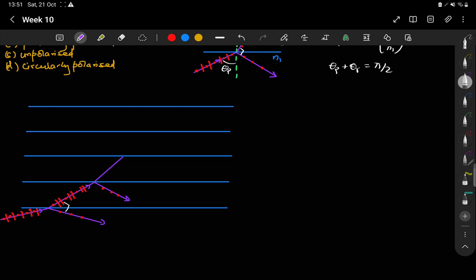And again, the refracted ray will be partially polarized, but the degree of polarization this time will be higher, because we are continuously filtering out the perpendicular component.